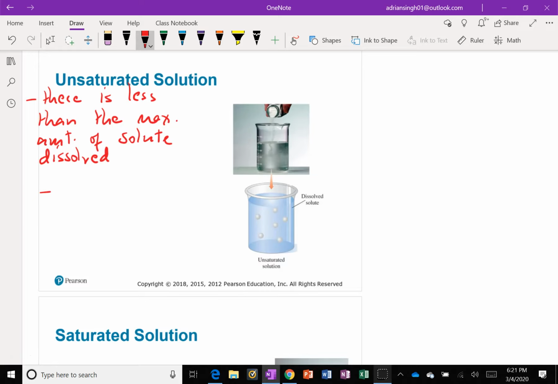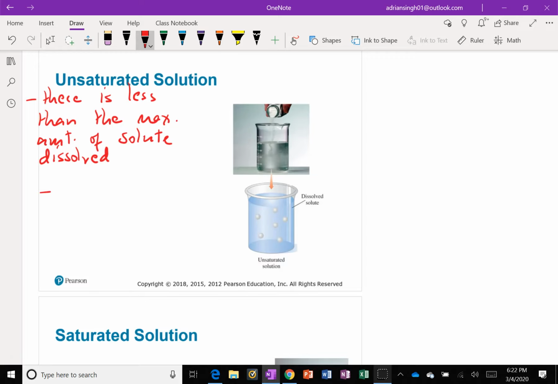Right? Maybe an analogy might be more applicable. Instead of a sponge, well, you can think of your brain as a sponge, I guess. So if you think you're studying for an exam, right, and we're all in that boat, I think, and you start studying, and at the beginning, you have room in your brain to put some stuff in there. And you put a little bit, and you can keep putting more because it's unsaturated at the beginning, until you get to the point where your brain cannot hold any more information.